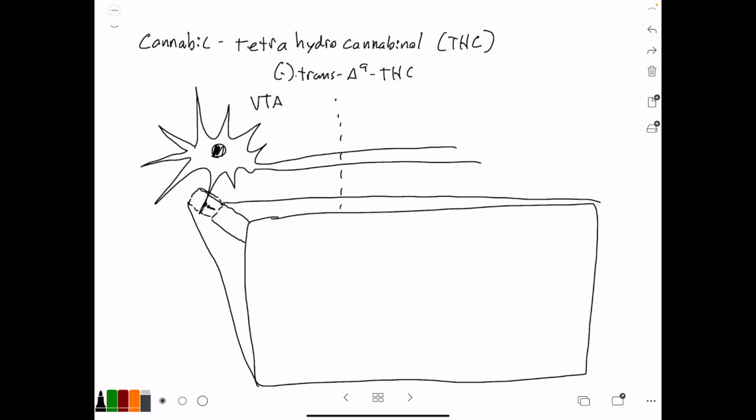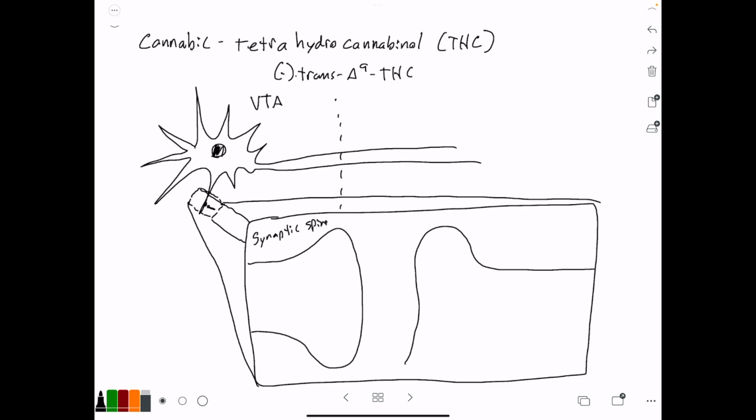Here we'll have a synaptic spine. I can already tell I'm going to cause problems here, but we're going to go with it because you've got to learn to be flexible. And this is our axon terminal.